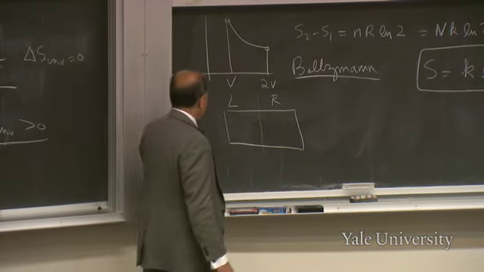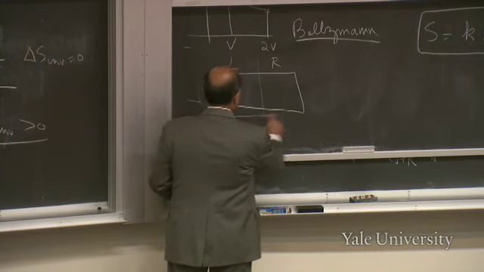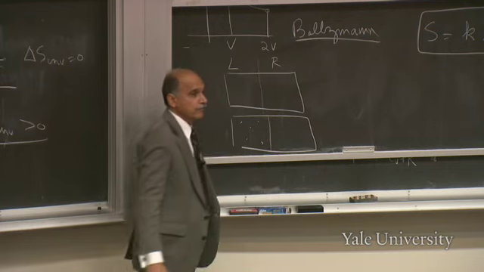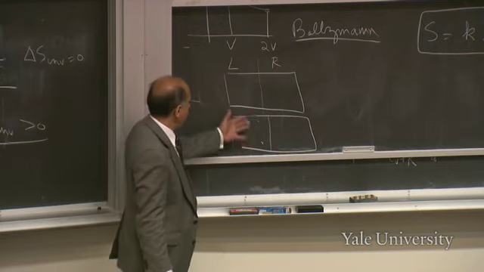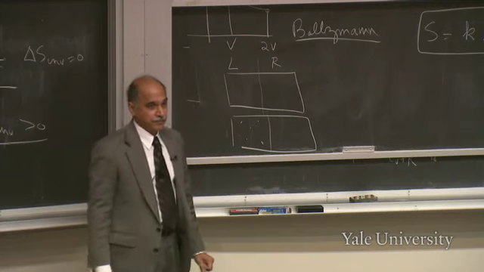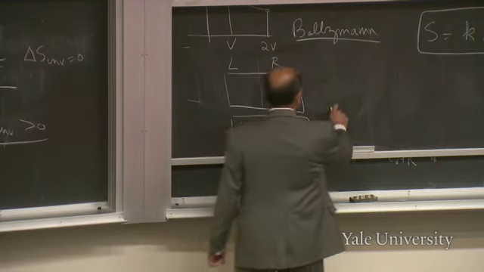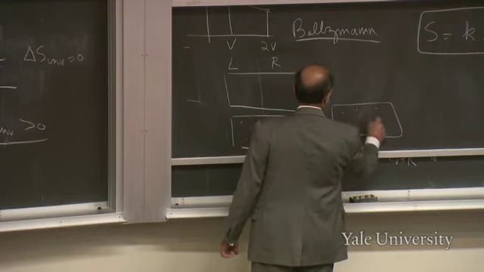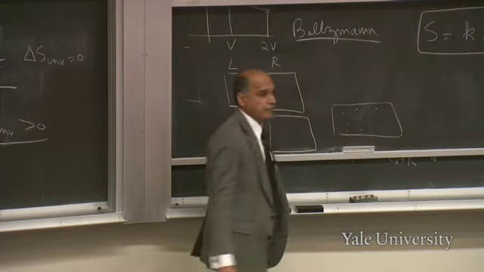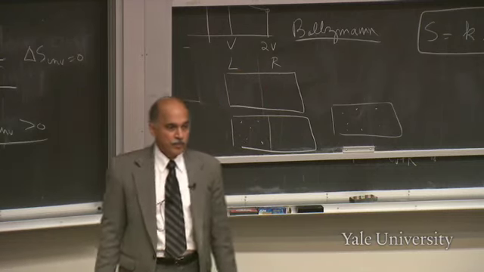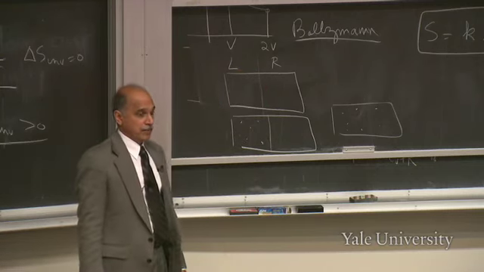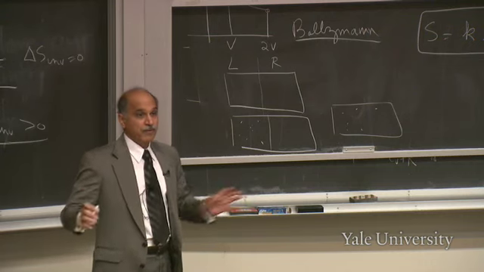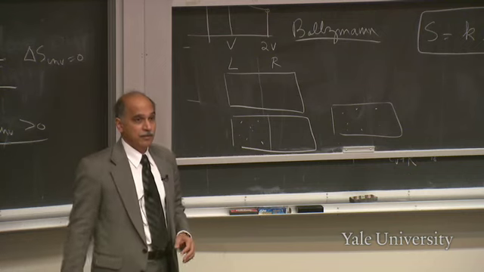Now, let's ask ourselves, if the gas looks like this, how many ways can it be in this arrangement, as compared to how many ways can it be in this arrangement? It is like the following. Molecules are moving randomly. A given molecule has a 50-50 chance of being on the left or on the right.